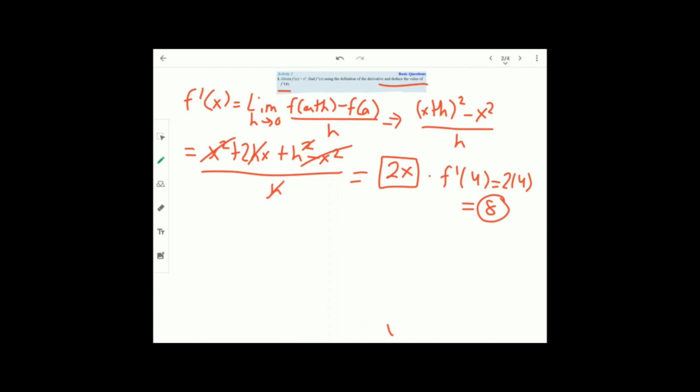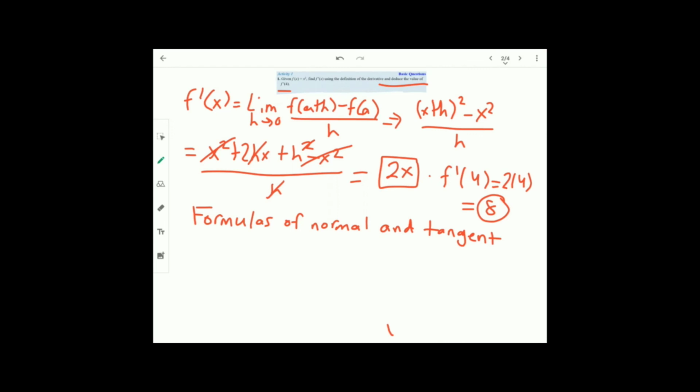Now another thing we can get from the derivative, as we remember from last year, is to find the formulas of the normal and the tangent at the point. Now I won't be going into too much detail as we've done this many times throughout last year. All you have to do is derive the formula and substitute the x value of the point you're trying to find the slope for.